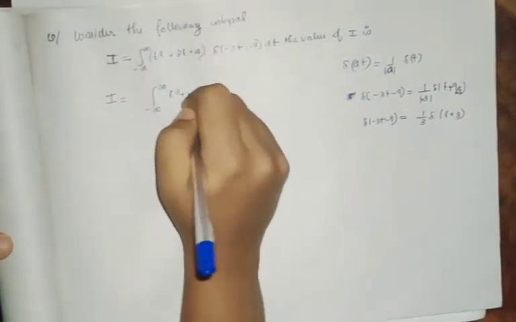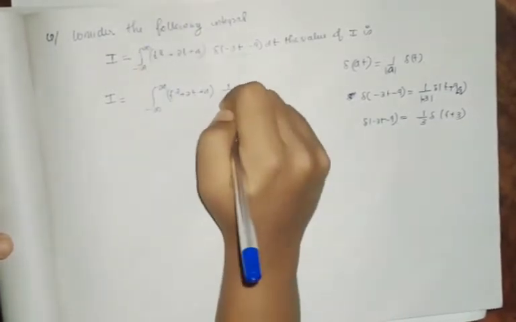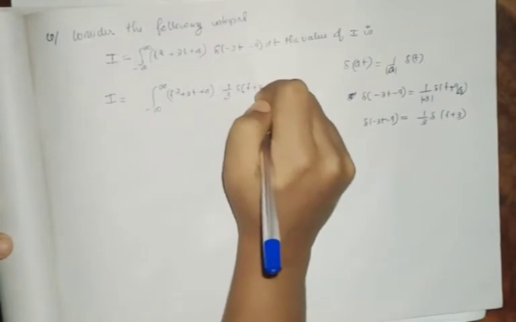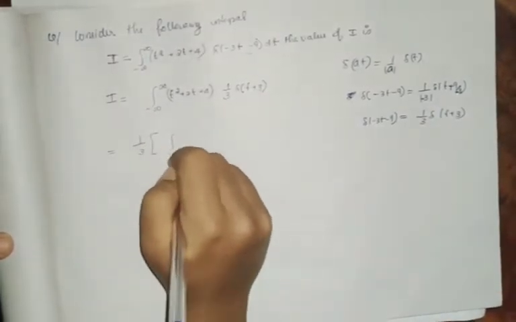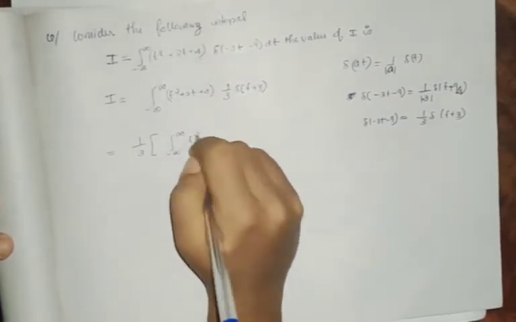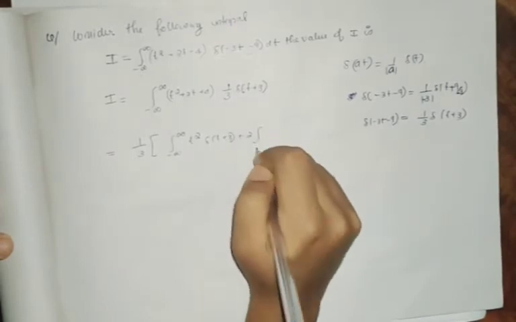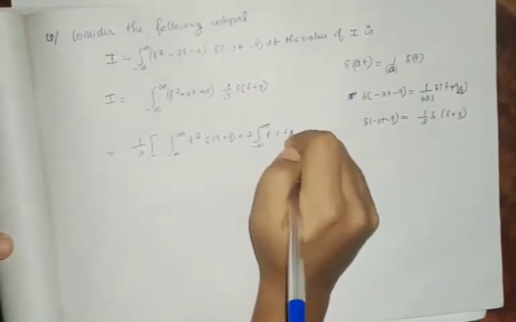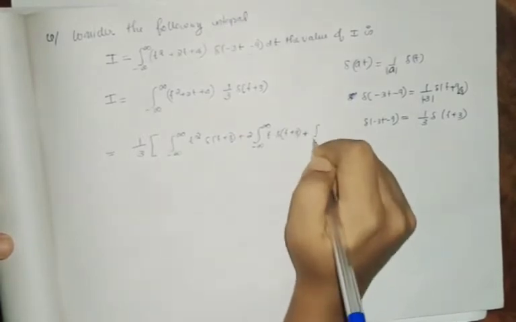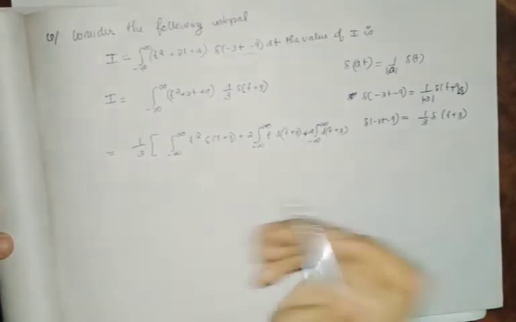Now, instead of t square plus 2t plus 4, I am writing 1 by 3 del of t plus 3, so then I am going to open the bracket. We get t square into del of t plus 3 plus 2 into integral minus infinity to infinity t into del of t plus 3 plus integral minus infinity to infinity 4 del of t plus 3.